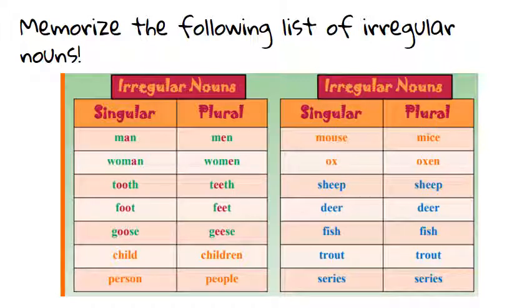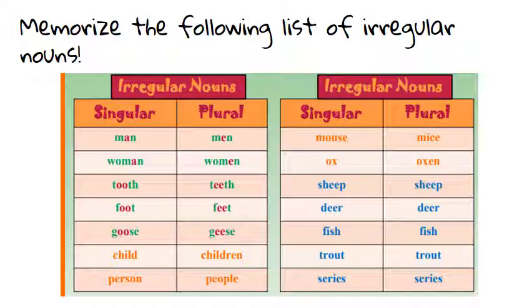The singular man in the plural becomes men. You just change the vowel letter. Woman, women. Tooth, teeth. Foot, feet. Goose, geese. Child, children. So it totally changes. Child, I'm talking about one child. Children, I'm talking about more than one.